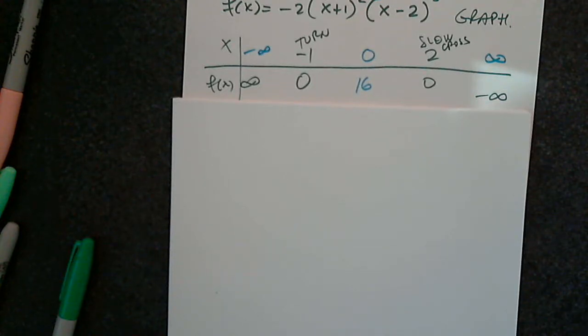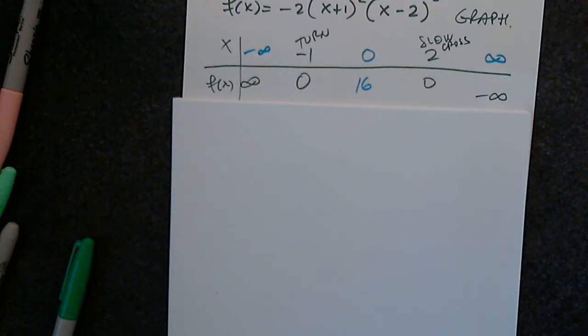It will come back and slowly cross and go to negative infinity. One more time. From positive infinity at negative 1, 0 it turns, crosses the y-axis at 0, 16. It comes back, and at 2, 0 very slowly crosses towards negative infinity. That's it.